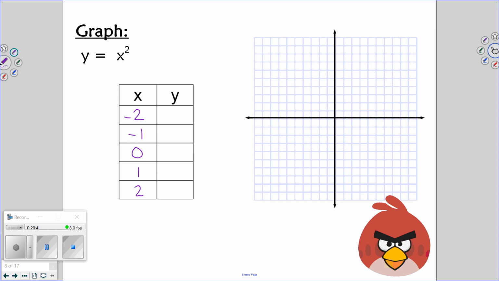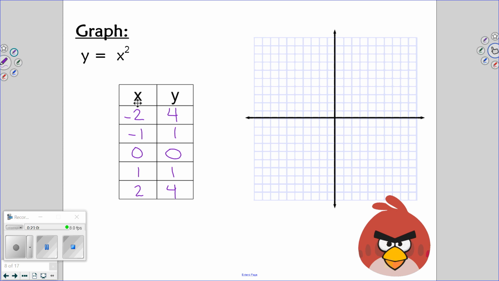You wanted to see the negatives and you wanted to see the positives. So let's go ahead and try this. Just like before, you have your x values. Let's plug them back in. What is -2 squared? +4. -1 squared? 0 squared? 1 squared? 2 squared? Beautiful.